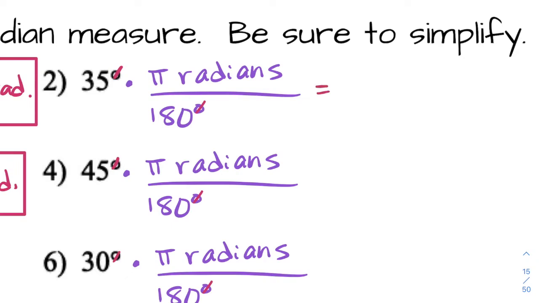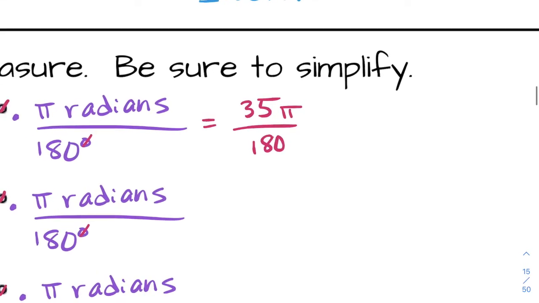This one is going to be 35 pi over 180, which will be 35 divided by 5. Yep, and that's all I got. So I got 7 over 36. So 7 pi over 36 radians.